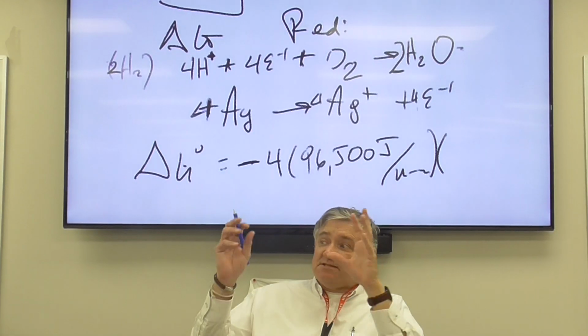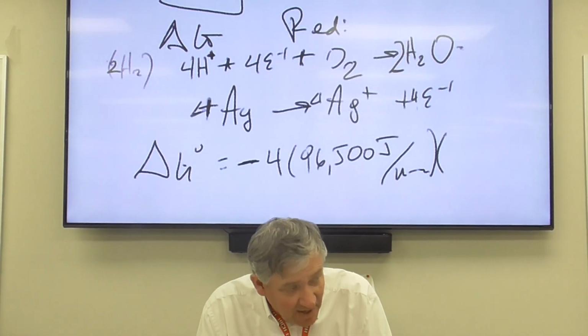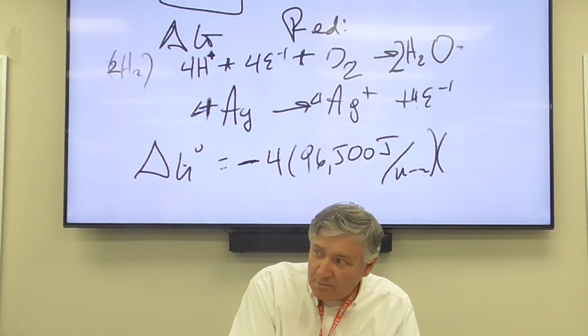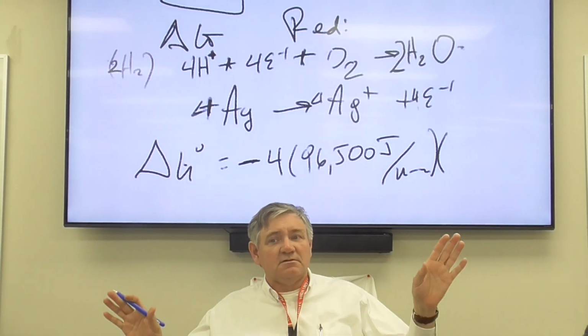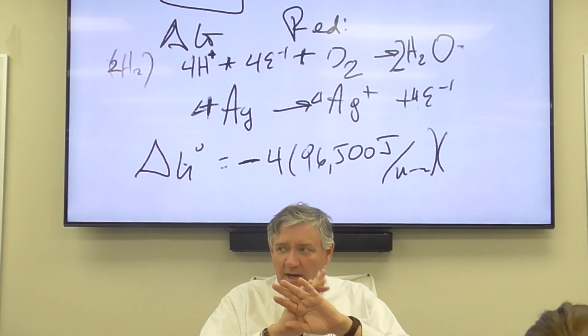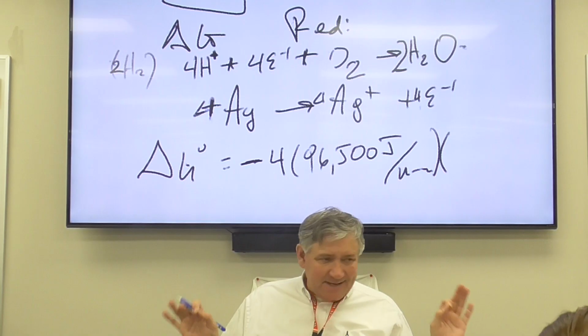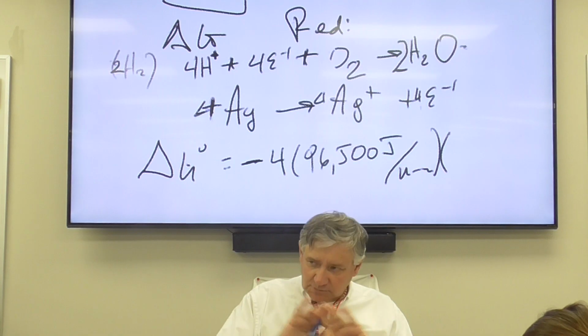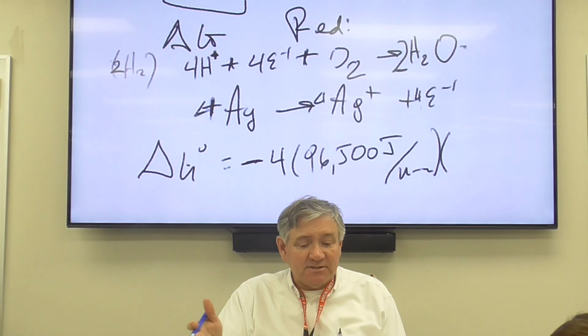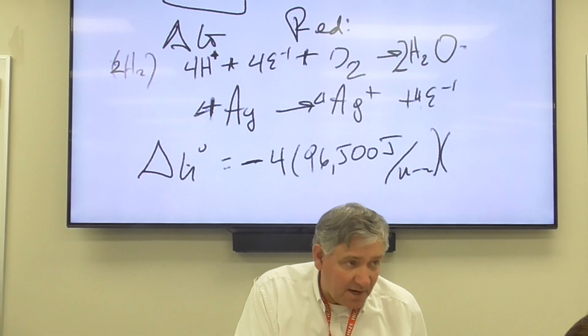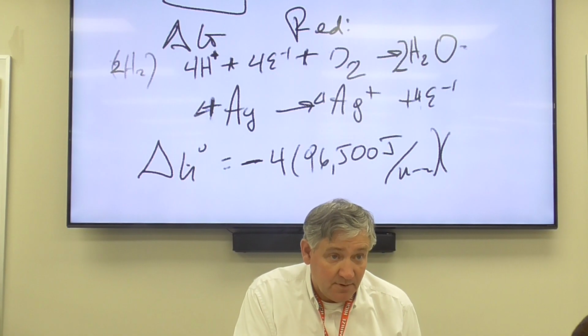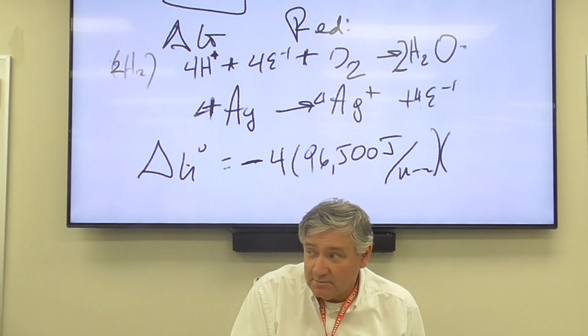No, because your E naught value is not volts per mole. It's just volts. Even though I multiplied it by 4, I don't multiply my E naught value by 4. Okay? Don't do it. Am I going to change the sign of my E naught value from what it is on the chart?